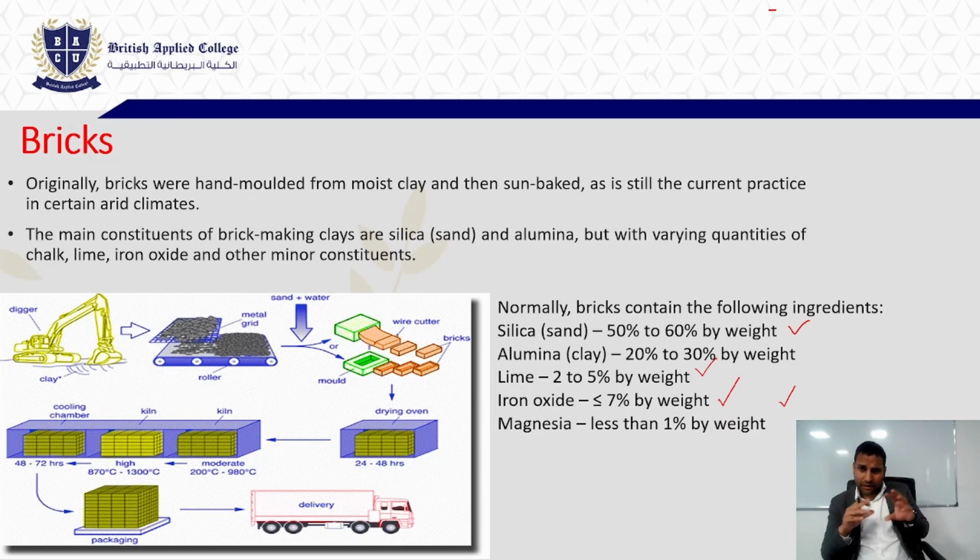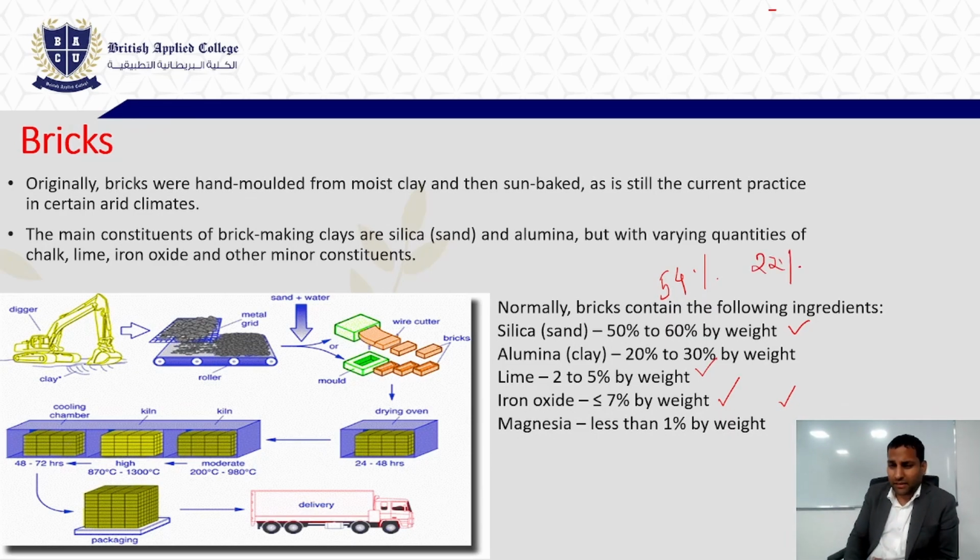This percentage may vary. May vary means, suppose someone might take silica or sand to be 54%, and alumina maybe 22%. It depends upon the requirements and how they are making it.